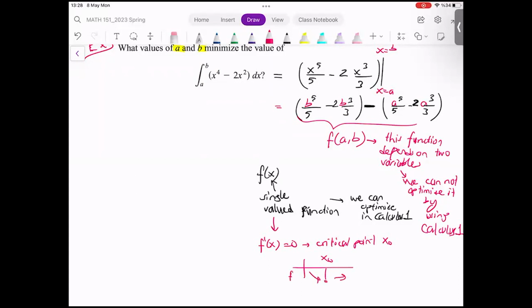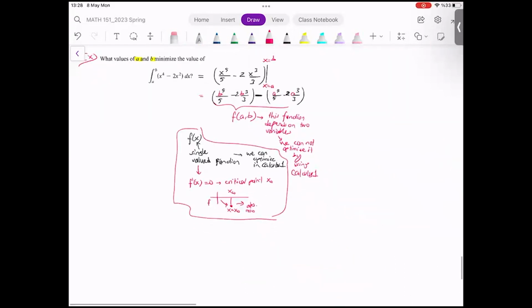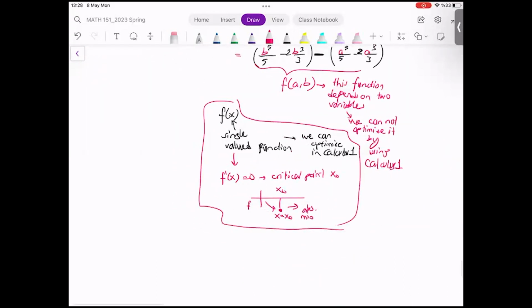From your function you can understand that it takes its minimum value at that critical point. That was the technique that we use to optimize single-valued functions, but we cannot use all those ideas here because our function does not depend on a single variable. That's why we need to change our strategy.